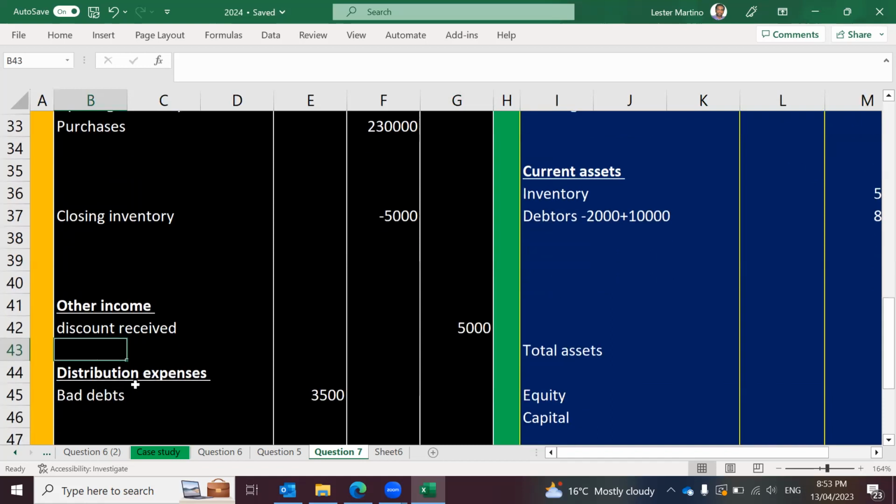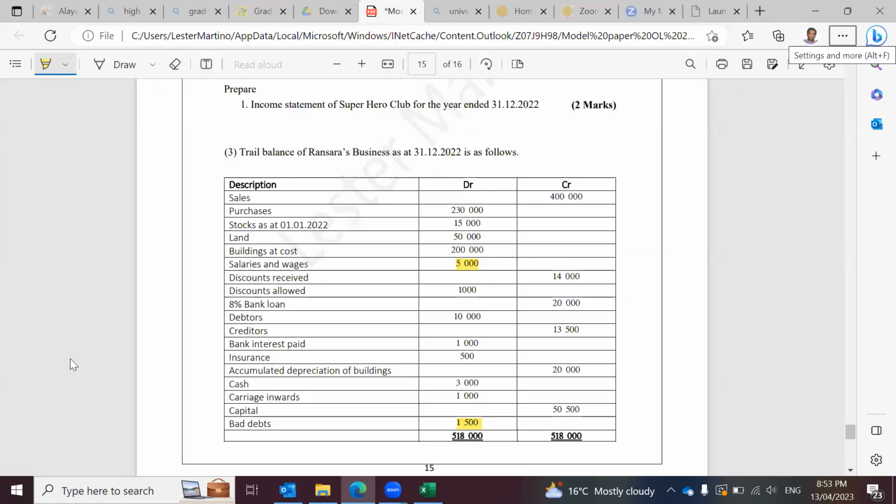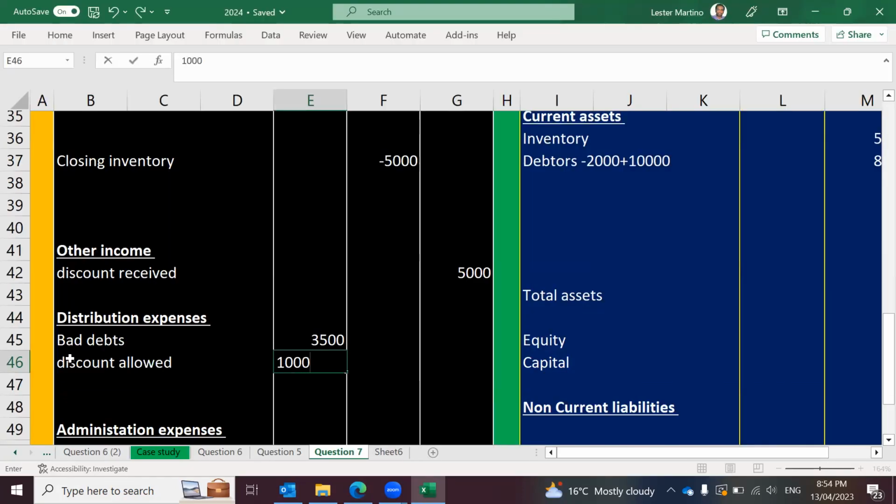Discount allowed is an expense, it's a distribution expense. First column, 1,000. Discount allowed is a distribution expense, so it should be recorded in the first column.